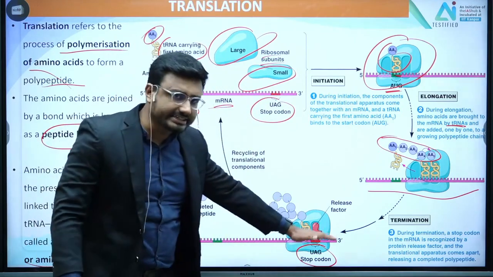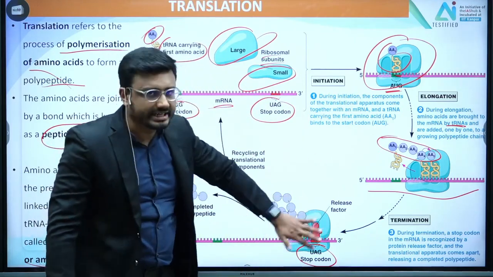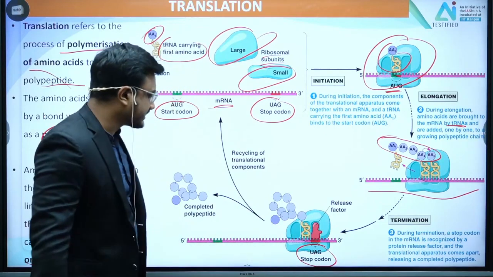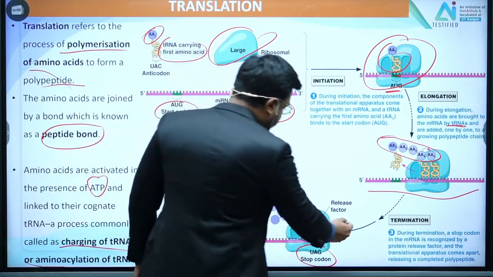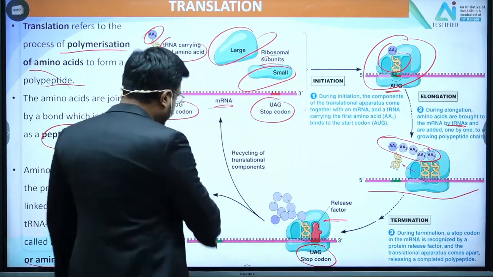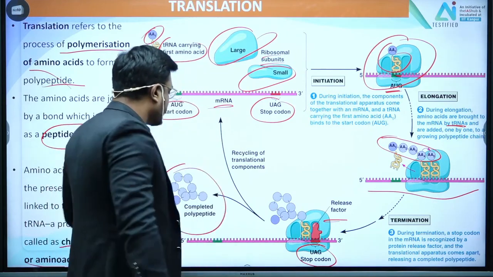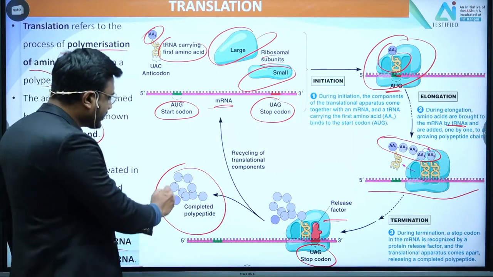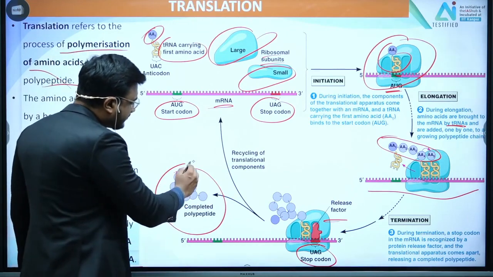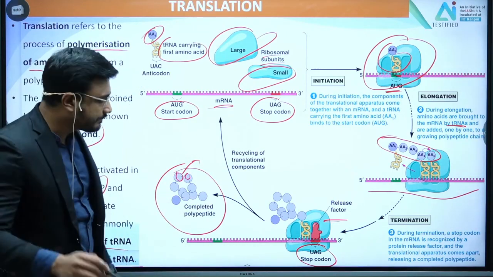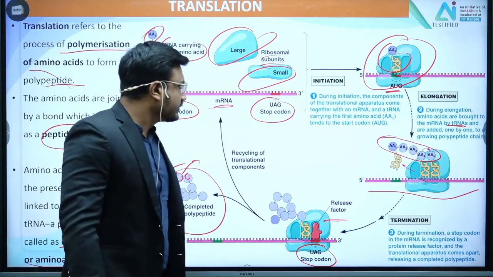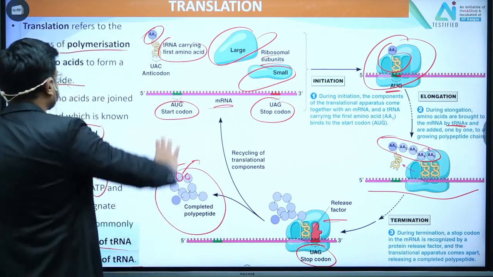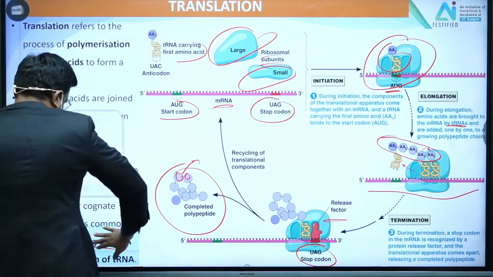So it indicates that now it is time to terminate the process of translation. Thus the release factors are released, and after termination the completed polypeptide is being released. These amino acids are attached to one another by the peptide bond. So now we have completed the process of translation.